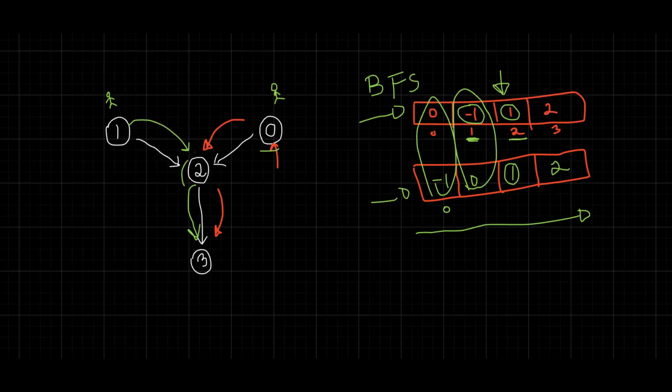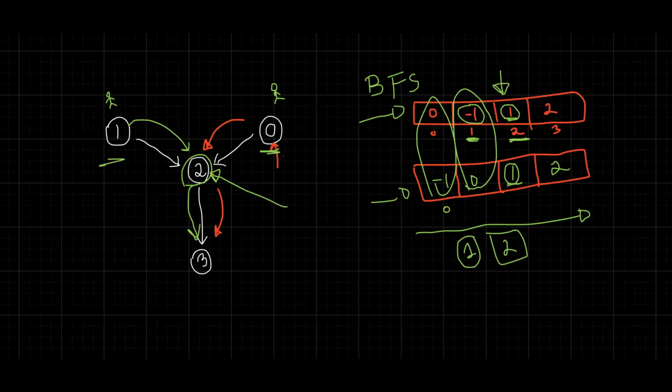Now here, this index number 2 is reachable from both of the starting points because it has the distance of 1. So here, as the minimum of both of the distances will be 1, we have to return the index number 2, which is our desired node that can be reached from both of the starting points.